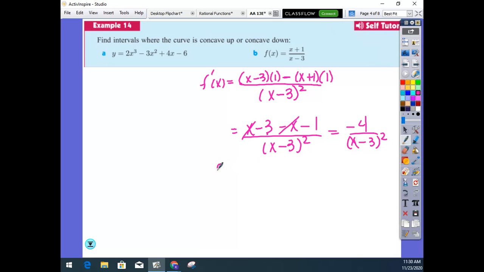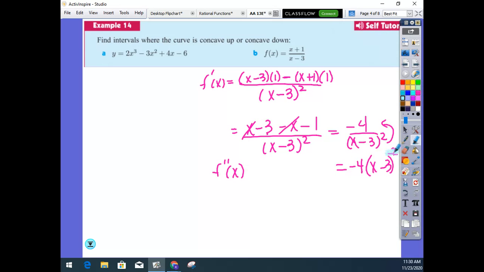Now to find our second derivative, it would be easier rather than doing our quotient rule, since this is just a constant, to rewrite this as negative 4 and bring this up and make that a negative exponent. It would be an easier derivative.